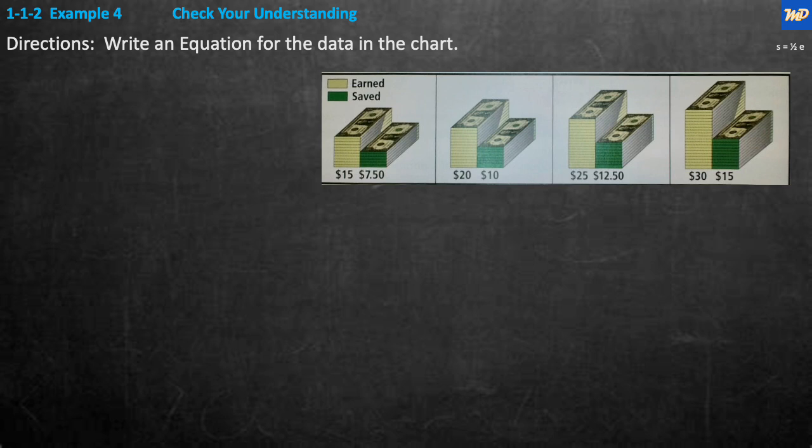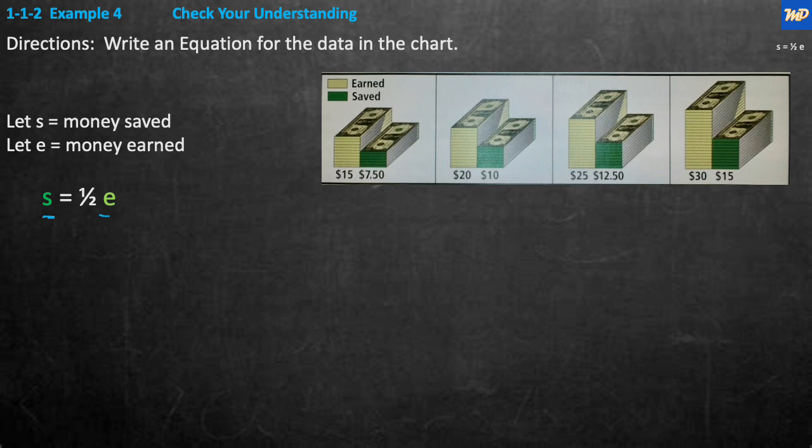Okay, now that you're back, let's go ahead and work this together. We're going to let S equal the money saved and E equal the money earned. Light green is the earned amount, and the dark green is the saved amount. And what is the equation for that?